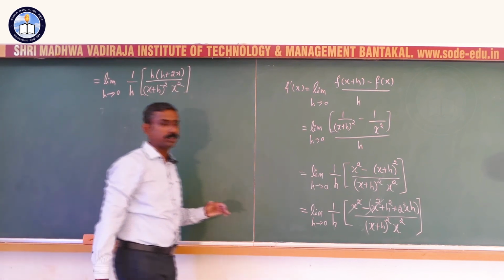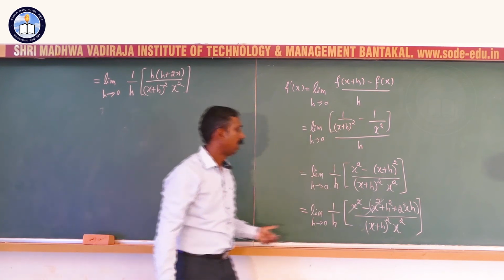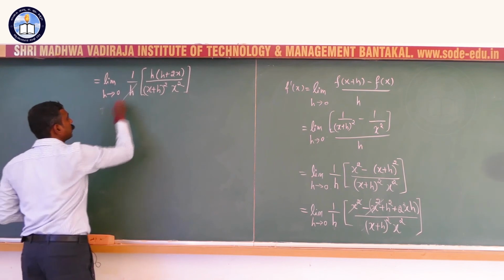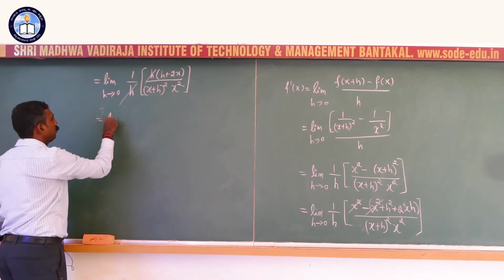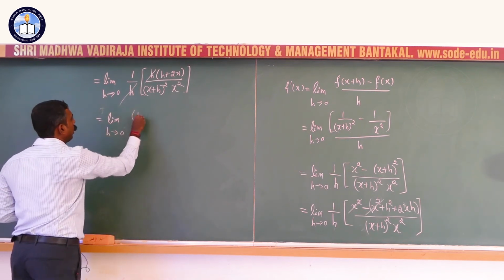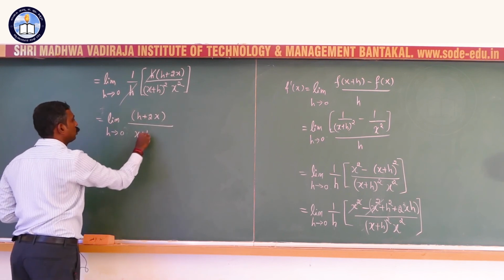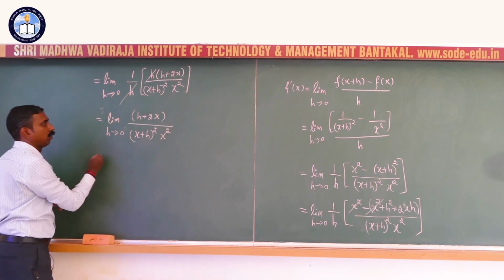We are happy to take that h outside because there is an h outside there. So, h gets cancelled. What is remaining now? It is limit h tends to 0, h plus 2x divided by x plus h whole square into x square.